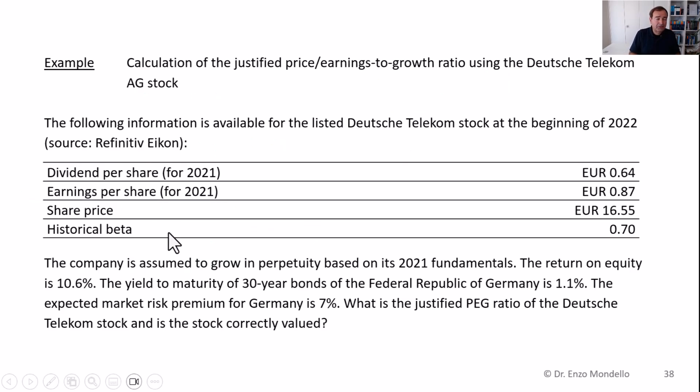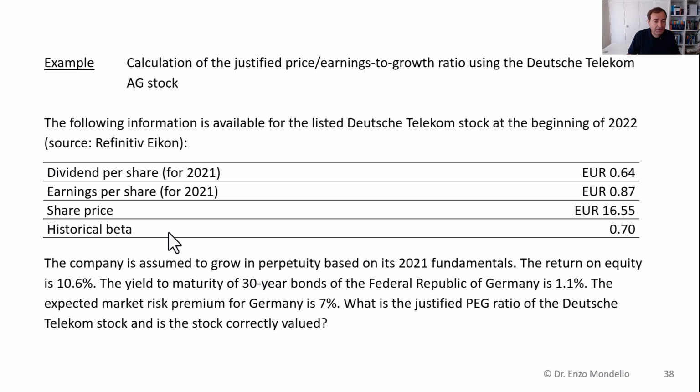Let's take now the following example to calculate the justified price earnings to growth ratio using the Deutsche Telekom stock. The following information is available for the listed Deutsche Telekom stock at the beginning of 2022. We know the dividend per share for the period just ended, for the year 2021, is 0.64 euros.